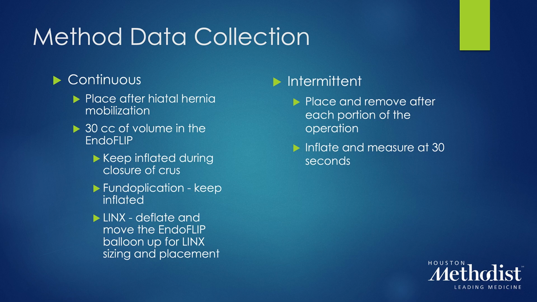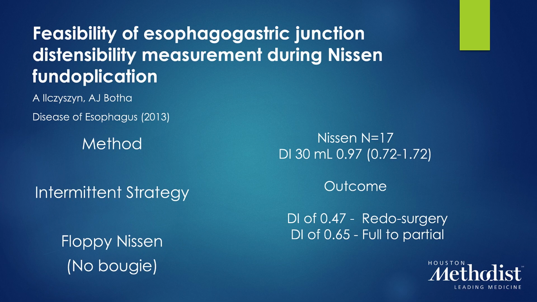The other method is the intermittent method, where the device is placed and removed at the GE junction after each portion of the operation, and inflated and measured after about 30 seconds. The first study that related measurements and outcome was published in 2013 and used the intermittent strategy to gather data during Nissen fundoplication.